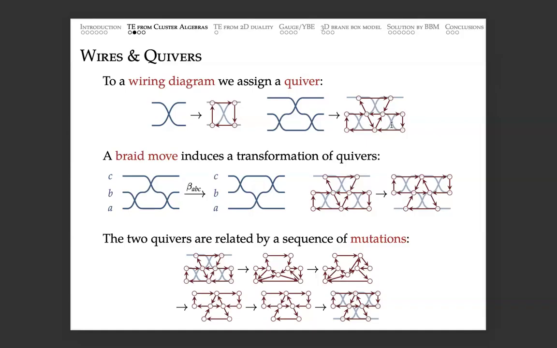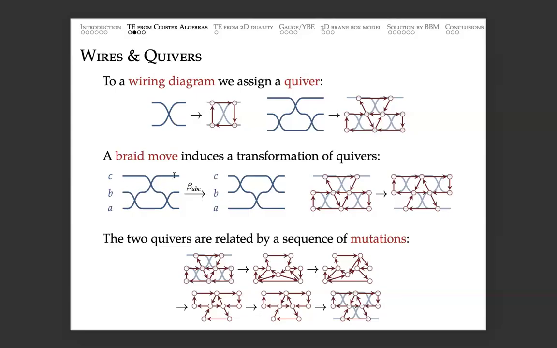Now, the key point is that there's something called a Yang-Baxter move, or braid move, you can apply to a configuration of wires, which goes like this. Suppose you have wires A, B and C making this configuration, and you apply this braid move, let's call it beta ABC.